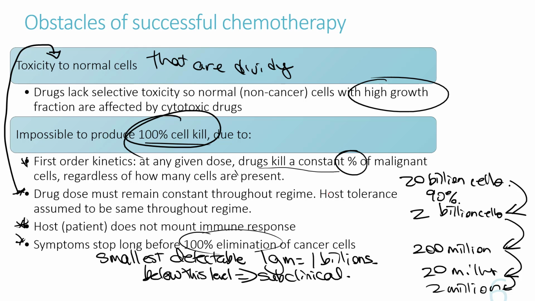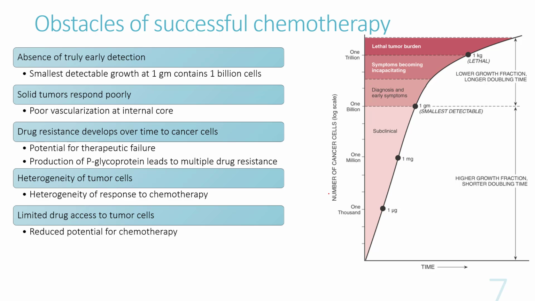Because the patient may have lost weight, may not be able to eat, may be throwing up, or may be immunosuppressed or have undergone myelosuppression, and we'll cover all that next. And so the host tolerance is not the same as the treatment progresses.